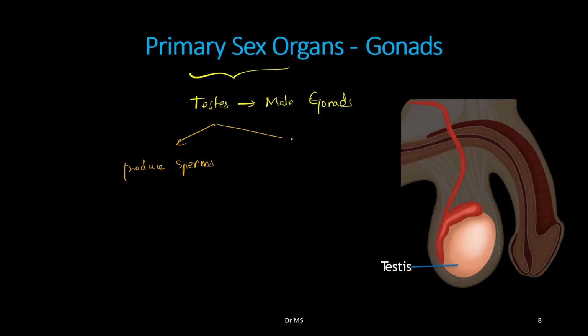Second, they also produce the sex hormone. So they produce sperms and sex hormones. What is the sex hormone seen in males? It's testosterone.